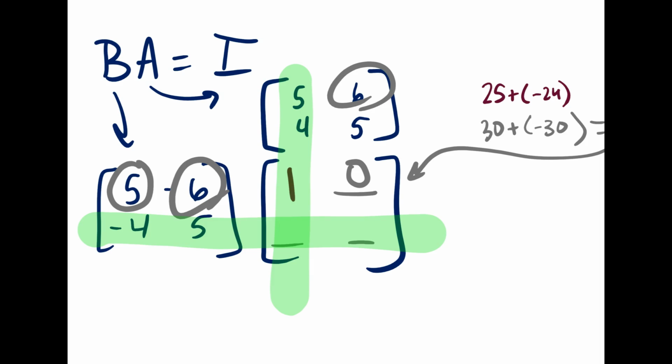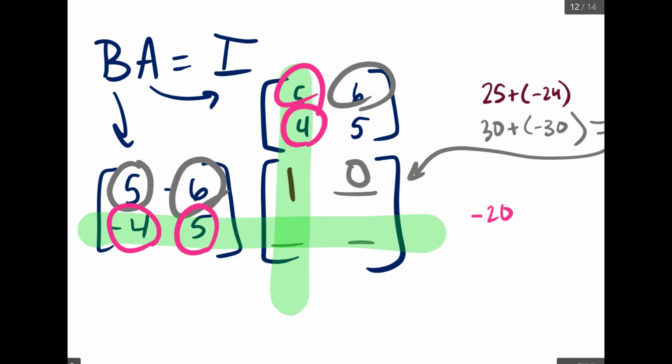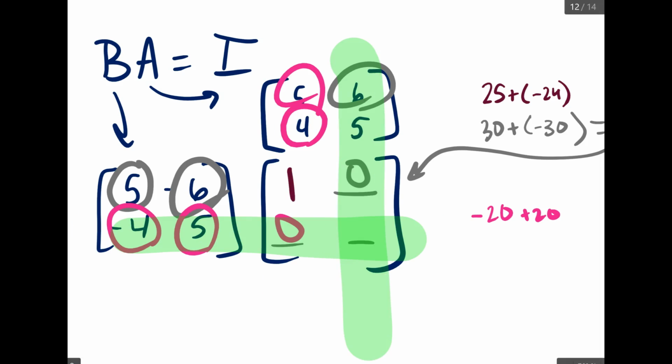Okay. Do we understand how to do this last part? 5 times negative 4, you start at the left side and the top, so I get negative 20. Then you go to the right on the row, down the column, multiply 4 times 5, so it's 20. Guess what? 0, not surprised, because this will end up being the identity matrix. I want to do the last row and column, so I see where they overlap.